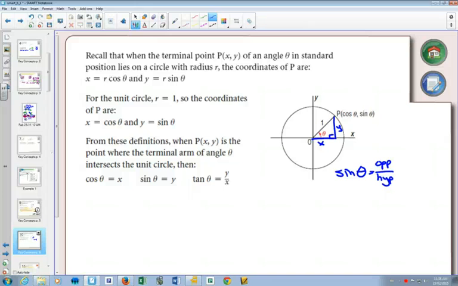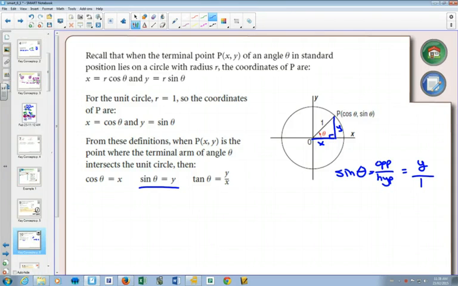So if sine theta is the opposite over hypotenuse, that's something we know about triangles. And if we look at the triangle that we made, the opposite side's length is y, and the hypotenuse is 1. So we get that sine theta is the same as the y coordinate.